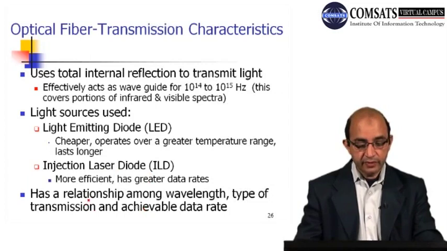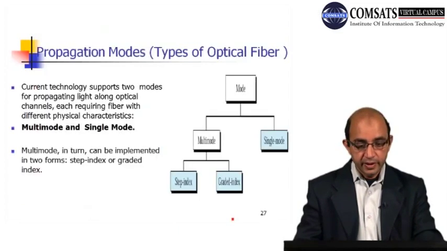Those all have a relationship among wavelengths, type of transmission and achievable data rate. We have different modes of propagation. When we talk about the optical fiber, we can have multi-mode propagation and we can also have single mode propagation. For multi-mode, we have step index and graded index.